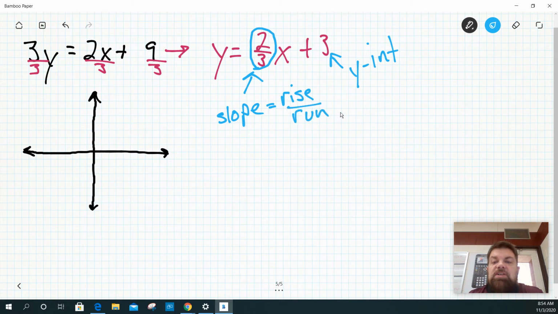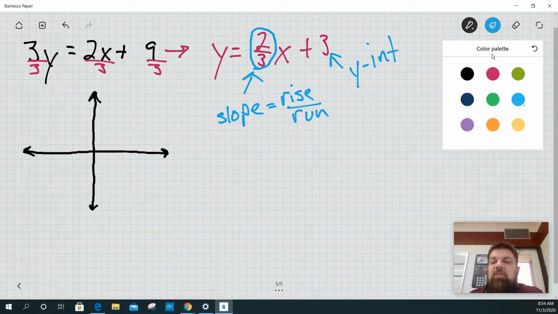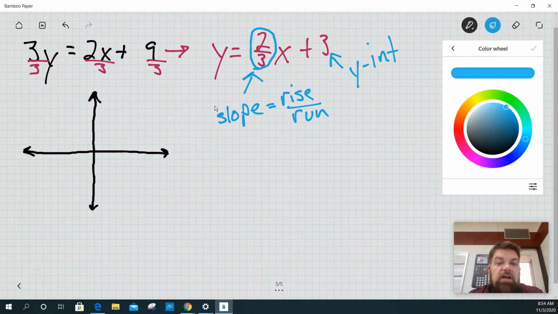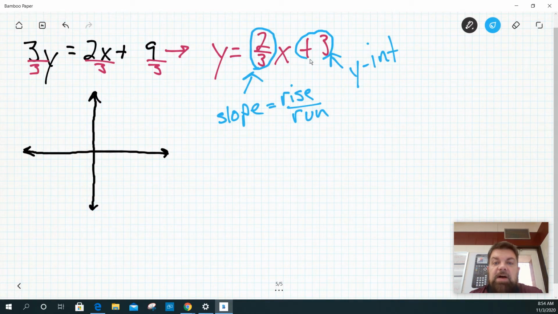So what we learned yesterday was that if I graph the y-intercept, in other words, my y-intercept is 3, a positive 3, that means it's going to cross the y-axis at 1, 2, 3. That's where it's crossing the y-axis.